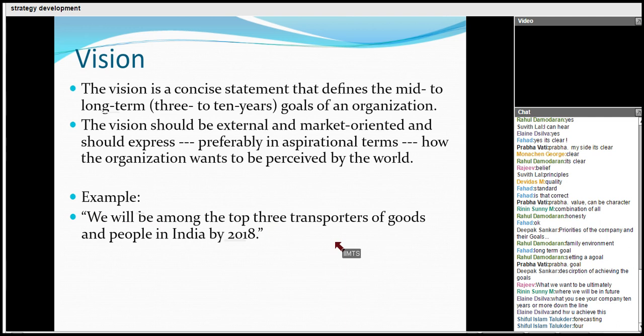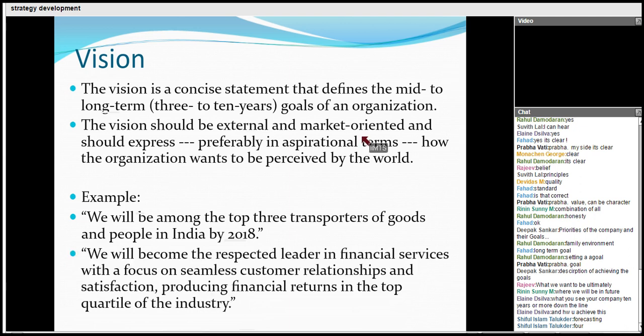I'm going to break it into different pieces, so you can come up with your own vision for your own life, your organization, your company. Let's look at another example. We will become the respected leader in financial services with a focus on seamless customer relationship and satisfaction, producing financial returns in the top quartile of the industry. Again, this is a very clear vision.